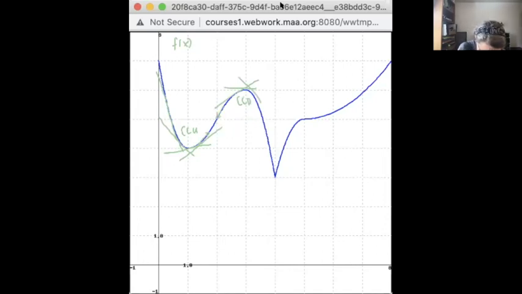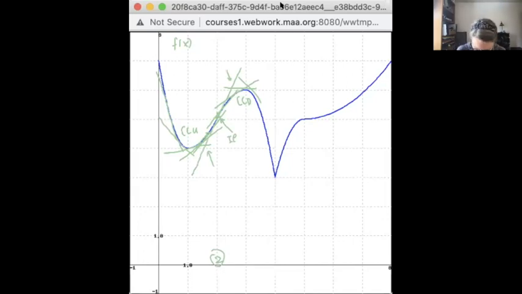You could try to estimate that with tangent lines, like when one tangent line is suddenly both above and below. Maybe here the tangent line is underneath and here the tangent line is above. So that might say that we have an inflection point here. So maybe at 2, we'd have an inflection point.